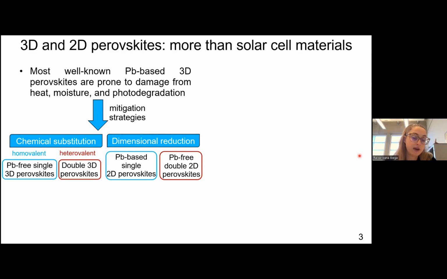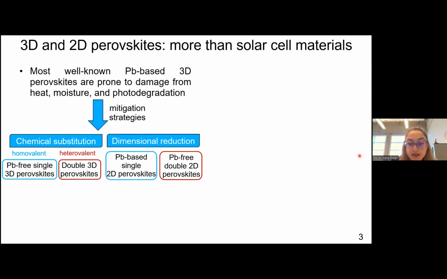Nowadays, there is a lot of progress into this field, but so that's basically one way of mitigating the stability issue. And then the other way of doing this chemical substitution is the heterovalent substitution.